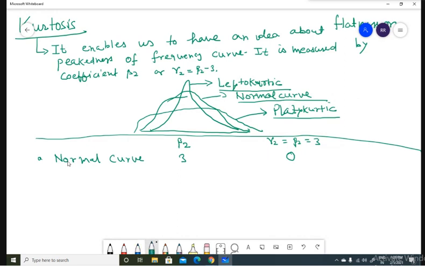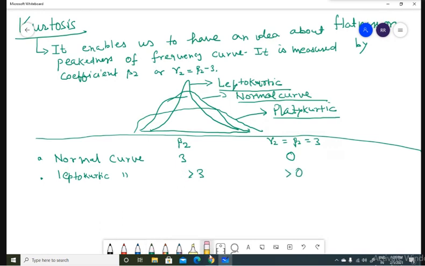For a leptokurtic curve, beta 2 should be greater than 3 and gamma 2 greater than 0.